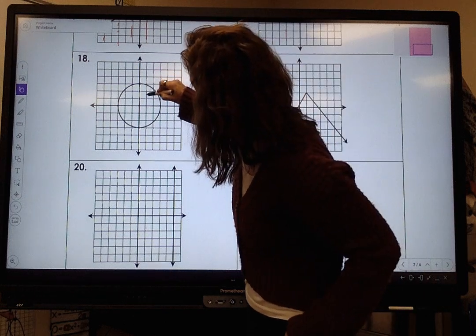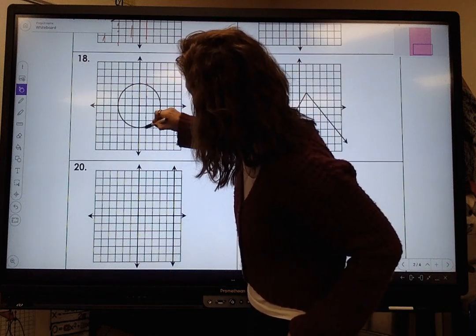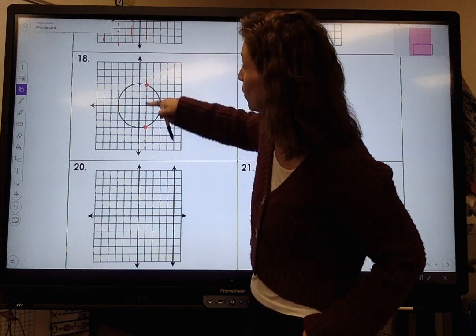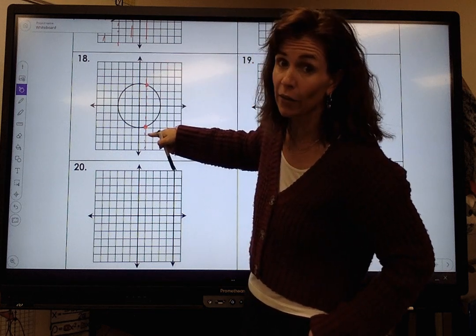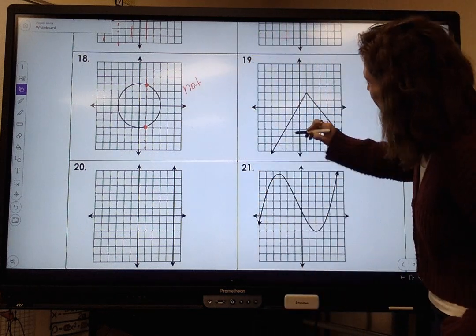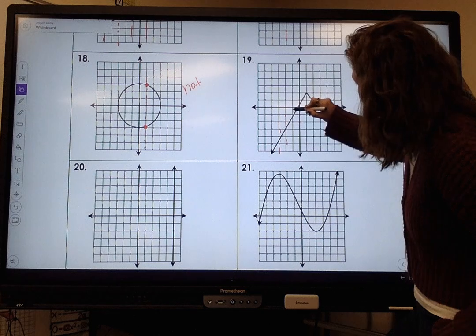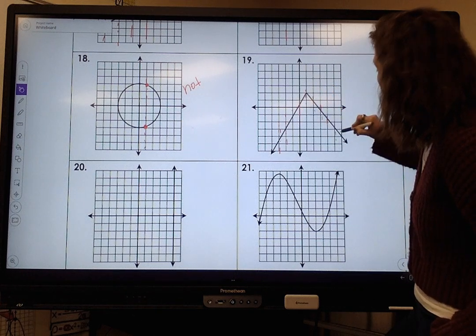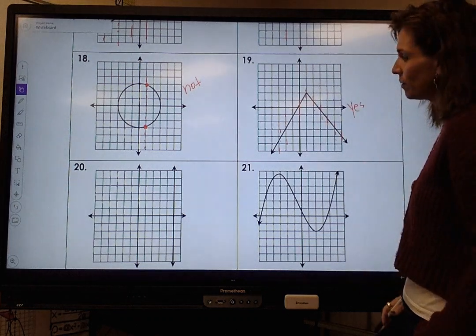So 18, I'm drawing my vertical line. It intersects it here and here. That's more than one time. That vertical line is intersecting that graph more than one time. Not a function. On this guy, these imaginary lines are only going to intersect that graph at one point. So yes, it is a function.